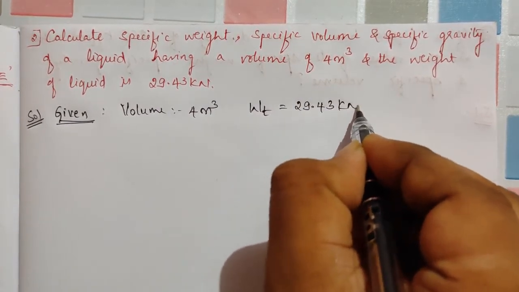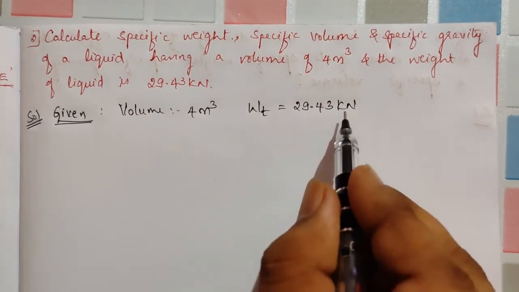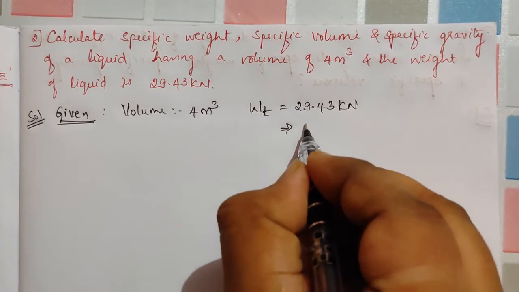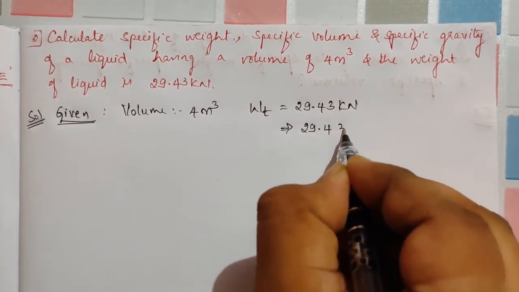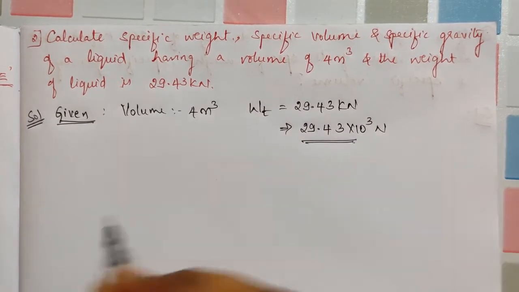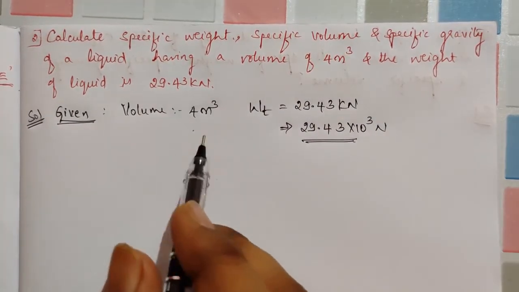It is not newton, it is kilonewton, so I'll convert it: 29.43 into 10 power 3 newton. Volume is 4 meter cube.